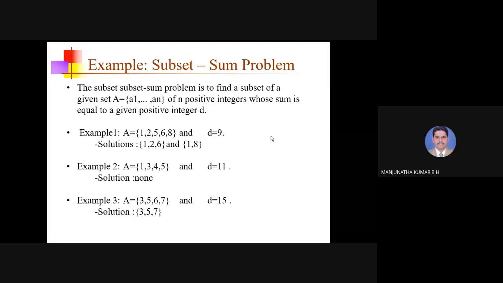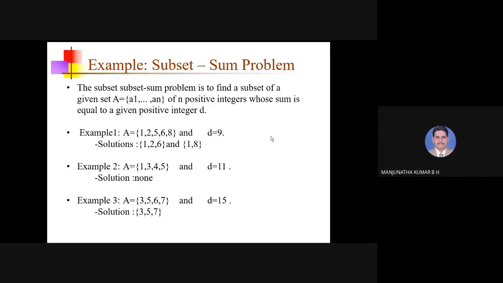Here I have taken a set A. It contains n positive integers, and one more positive integer d is also given. What we have to do here is generate the subsets in such a way that the sum of those numbers in each subset should be equal to the positive integer value d. This is the problem statement of the subset sum problem.